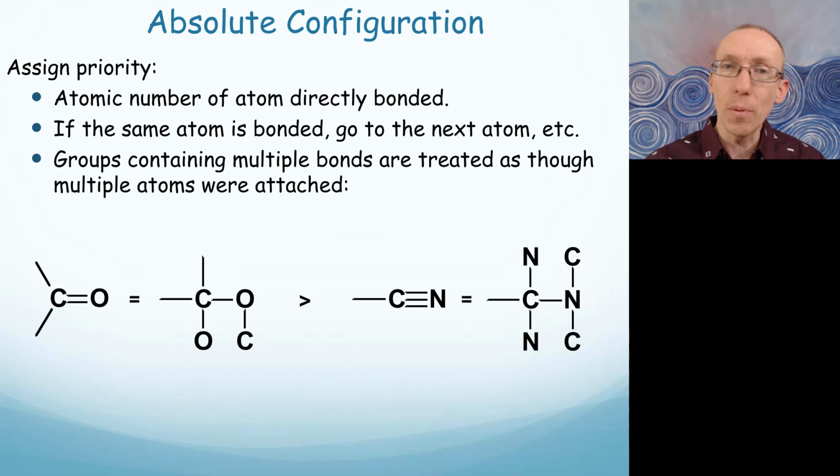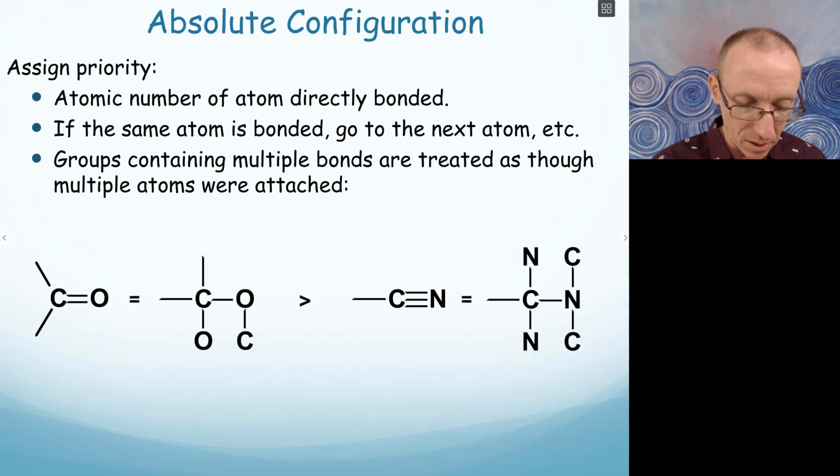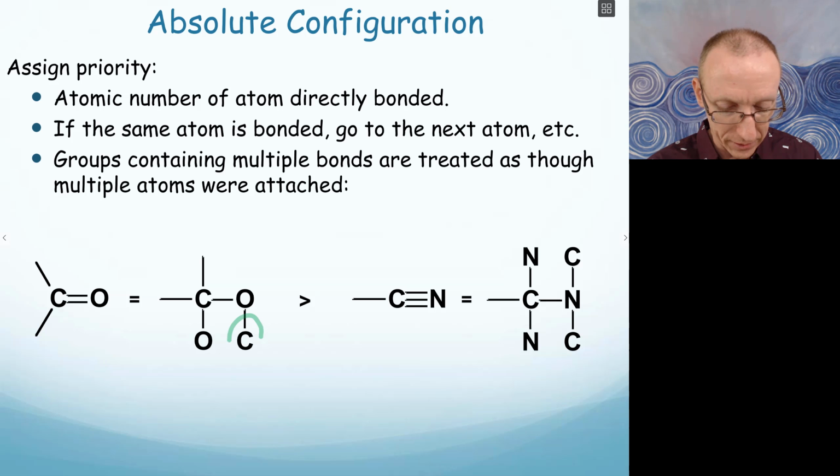If we have multiple bonds, what we do is we treat them as if they were actually atoms in place of those multiple bonds. So these are what we call dummy or phantom atoms. So in the case of a carbon-oxygen double bond, the carbon, we replace this second bond with a bond to a dummy oxygen atom, like so, and we replace this bond that the oxygen has back to carbon with a dummy bond to a carbon atom, like this.